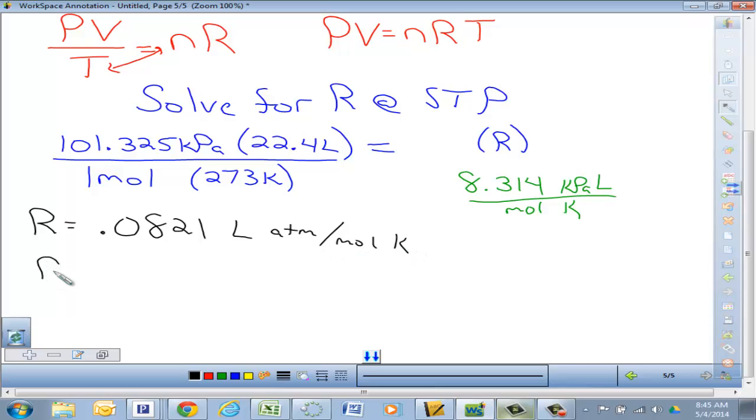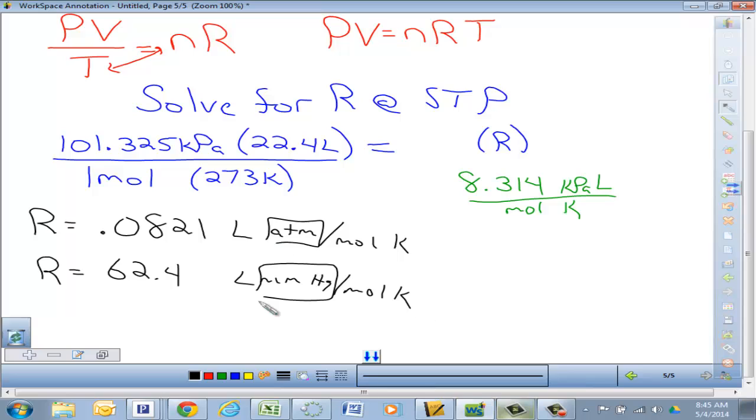The other one out there, R is equal to 62.4 liters, millimeters of mercury per mole Kelvin. I'm hoping you can see that the only difference comes in what your unit of pressure is. If we use kilopascals, it has to be 8.314. If we use atmospheres, it has to be 0.0821. And if we use millimeters of mercury, it has to be 62.4.